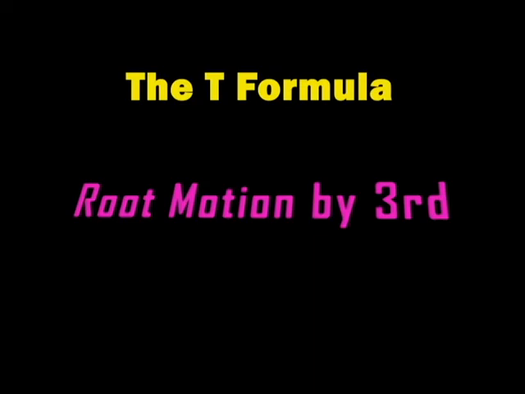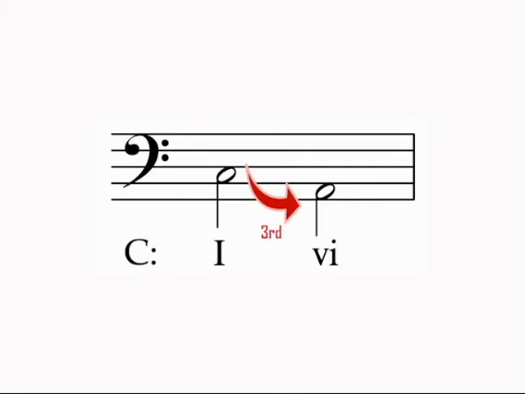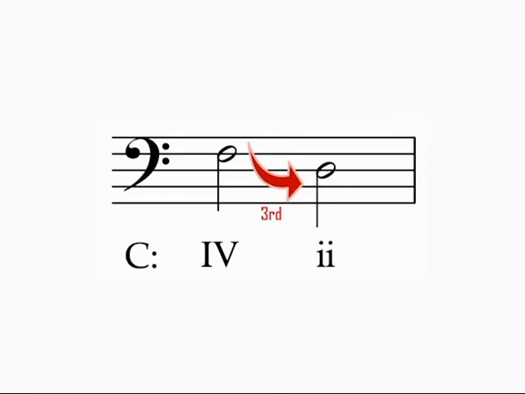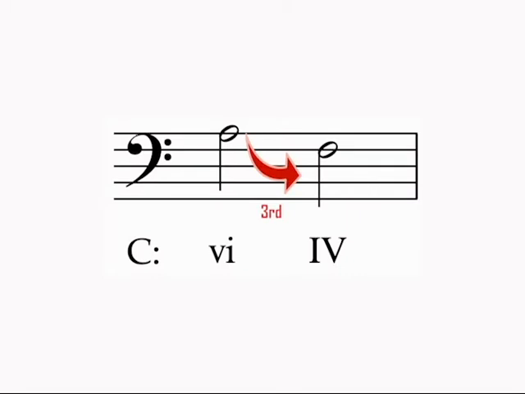Now let's look at the formula that I call the T formula, and T stands for third. The second most common way to connect root position chords is by third, like the 1 to the 6, the 4 to the 2, and the 6 to the 4.